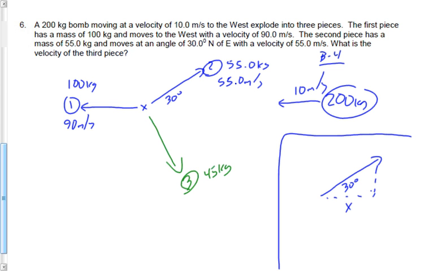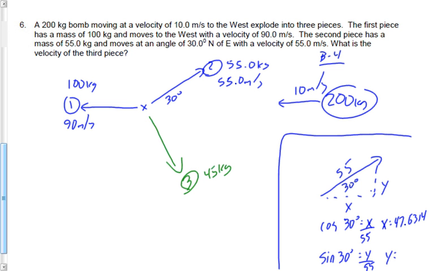This is X, this is Y, this is 55. Cosine 30 degrees is equal to adjacent over 55. That's going to be 47.6314. Sine 30 degrees is equal to y over 55.